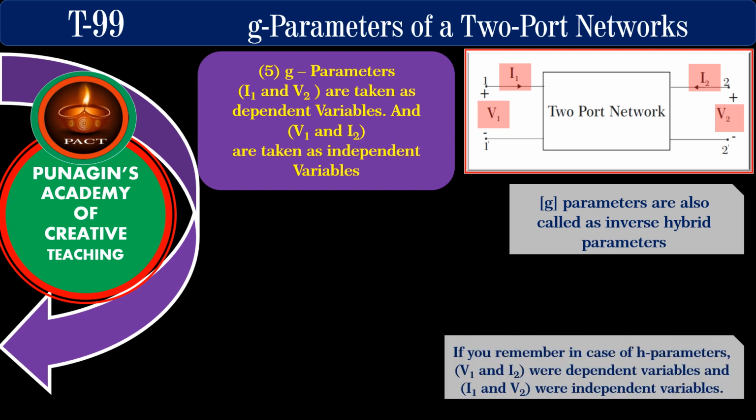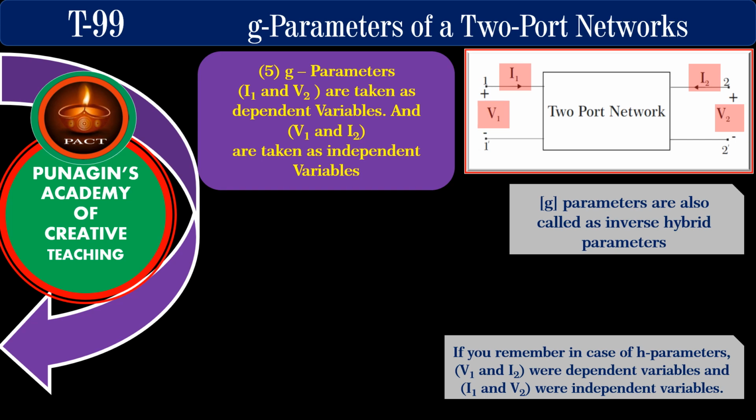If you recall, in case of H parameters, V1 and I2 were dependent variables and I1 and V2 were independent variables. So, you see that in case of G parameters, dependent and independent variables are interchanged. That is why these parameters are called inverse hybrid parameters.